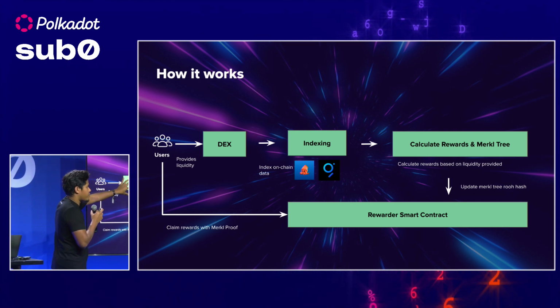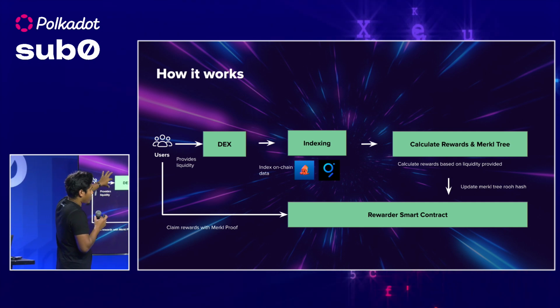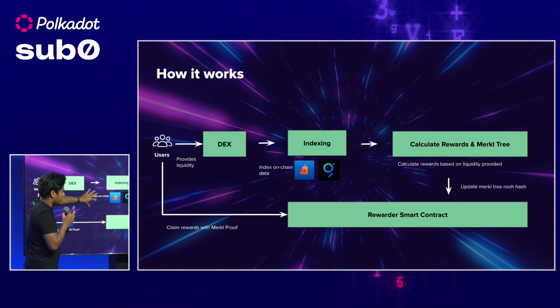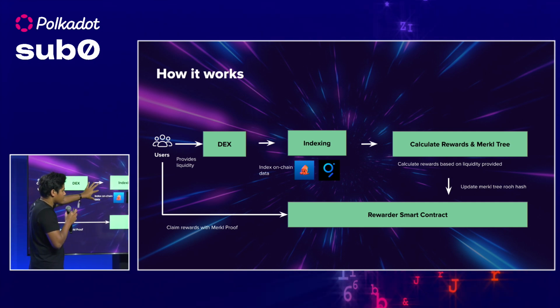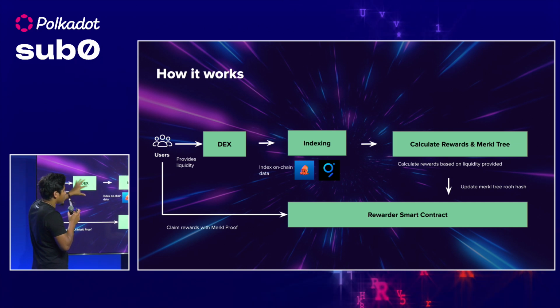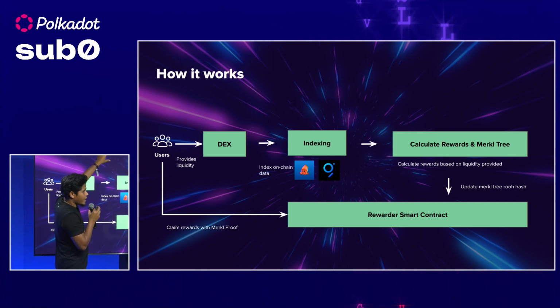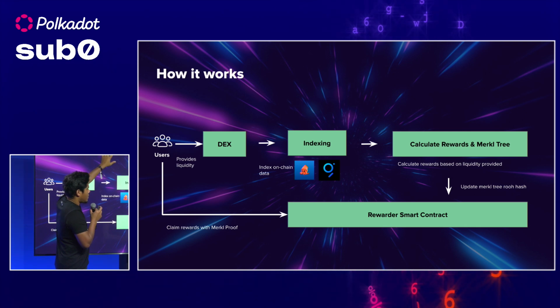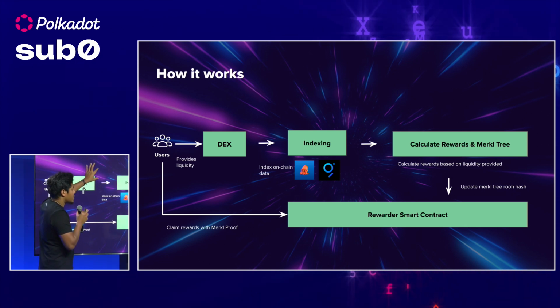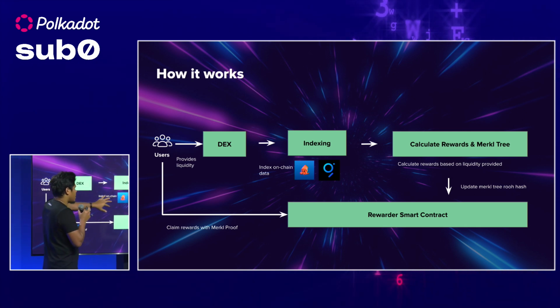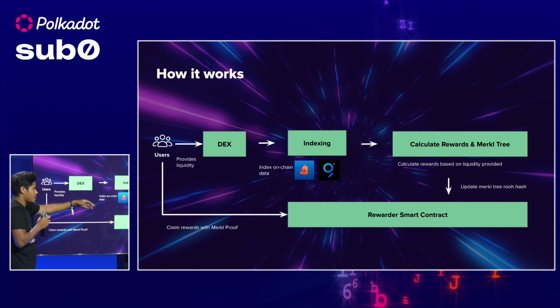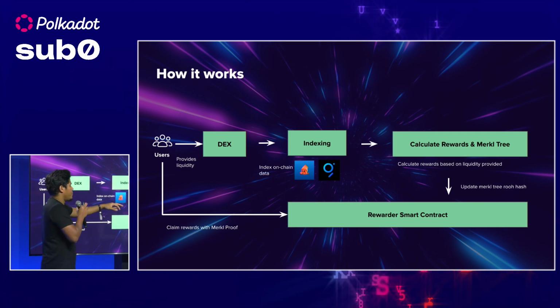Users go to a DEX, they provide liquidity, right? Or even an ALM, right? And at this indexing level, all the data regarding the user's positions, either directly from our DEX or from an ALM like Gamma or Arrakis, is indexed using on-chain data providers like SubQuery or The Graph.